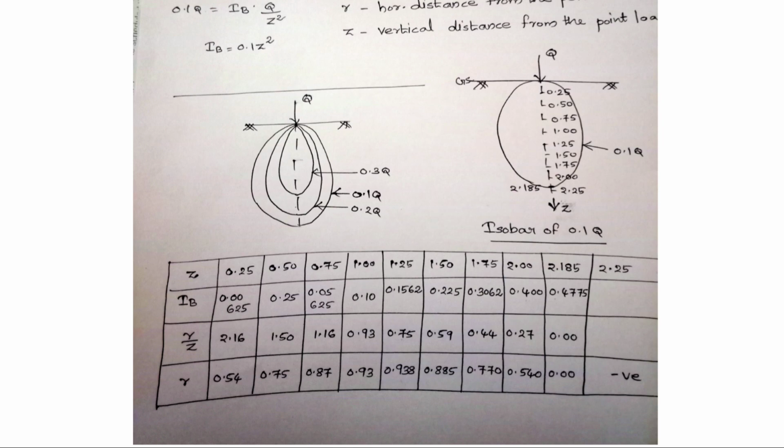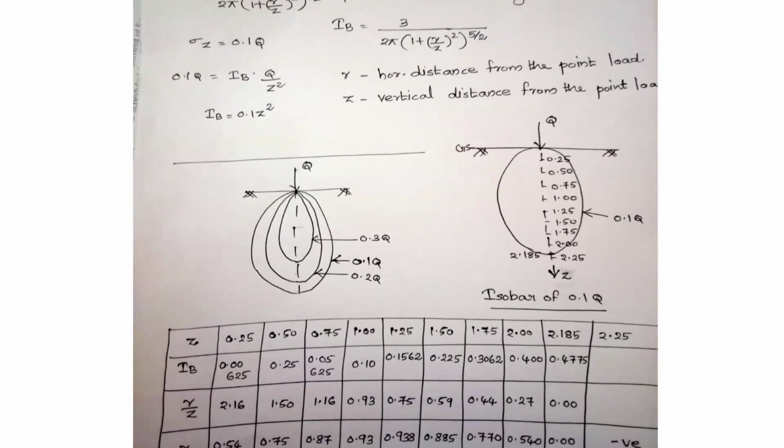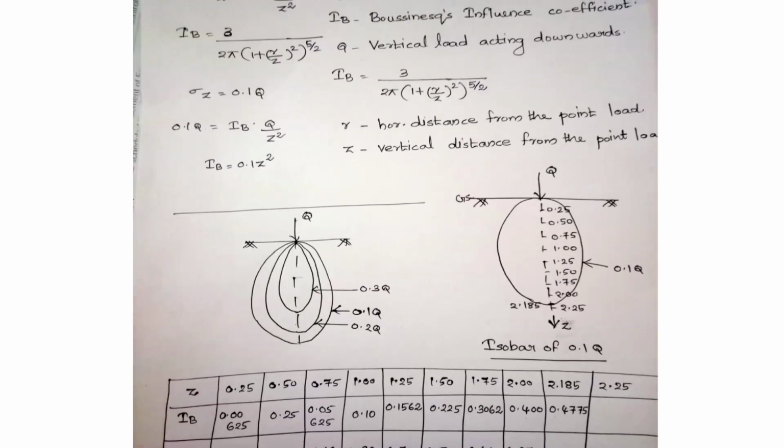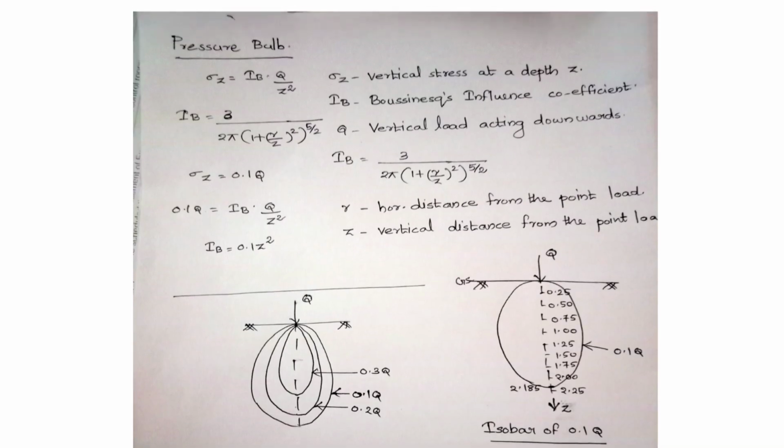For z value 1, we will get IB value 0.1. Likewise, we are getting the IB values at different depths. So once we get the IB value, we know IB equal to 3 divided by 2 pi into (1 plus (r by z) whole square) whole raised to 5 by 2.